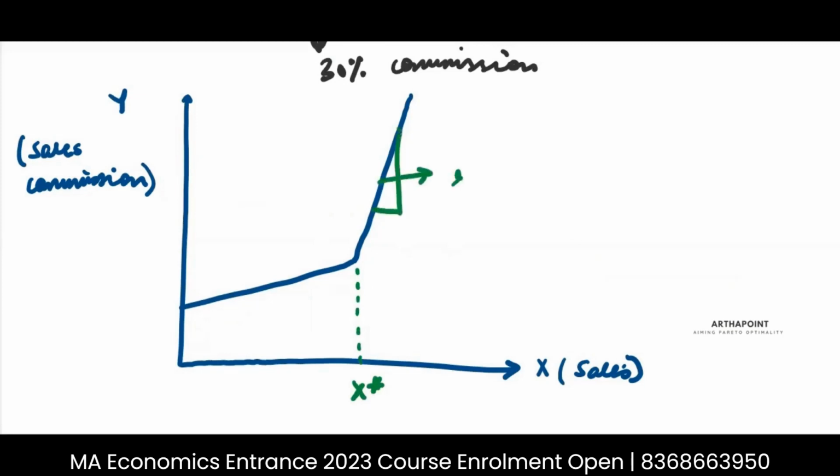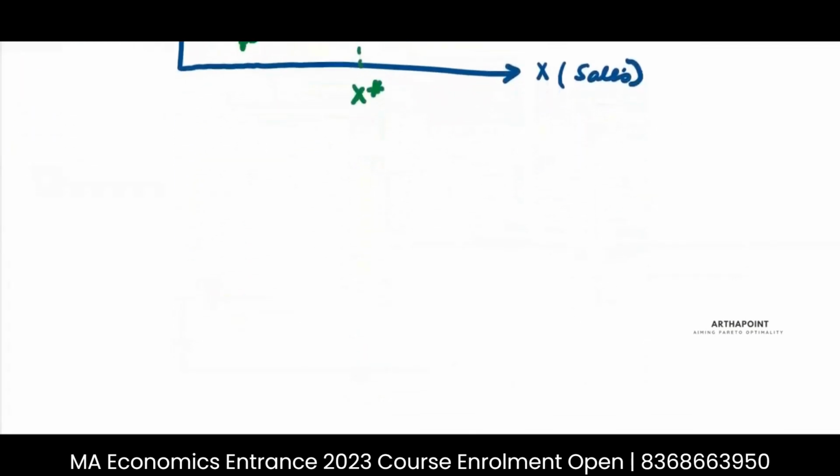You get a different rate of commission. And if it is below X star, then it is a different rate. And I want to show this. So I can use one regression equation to show this thing.